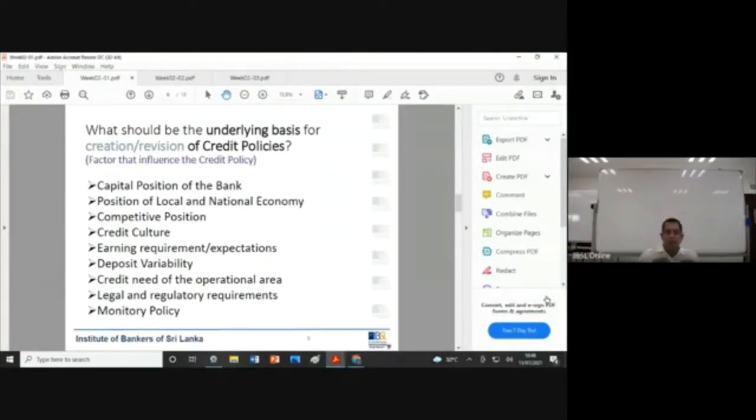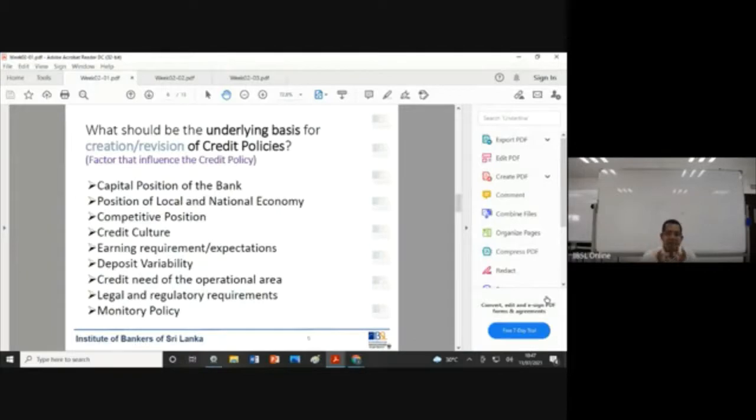Why? If you run out of capital, then the policy will be very strict, so whatever capital we have, we lend to the very safe. Can you remember the principles of credit? First one is safety. Second one is liquidity. If you take high risk credit, your liquidity may come down, safety may come down, then you will lose your money.